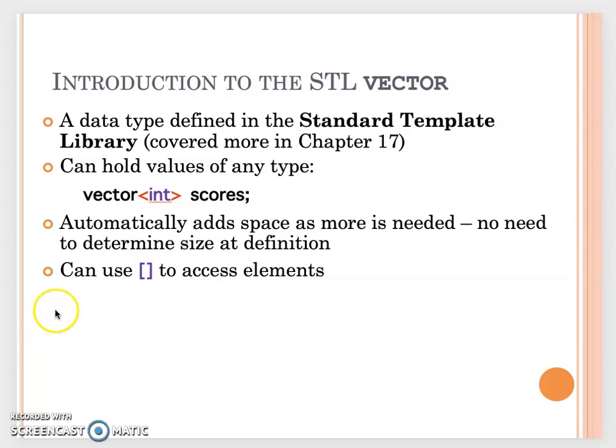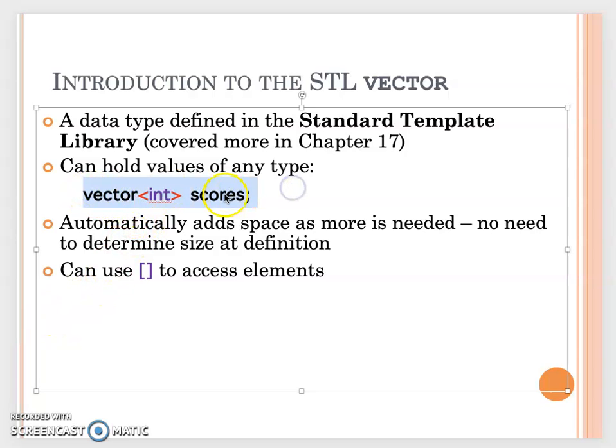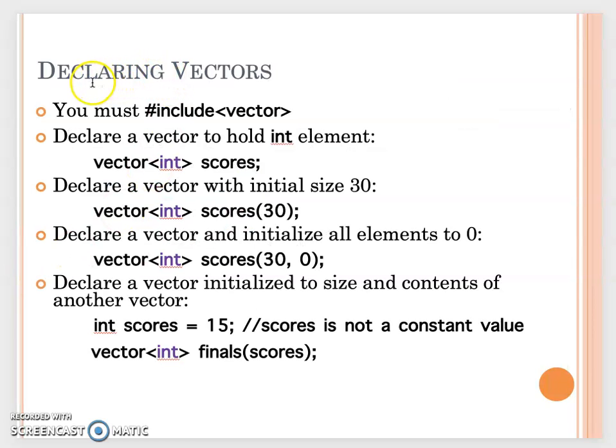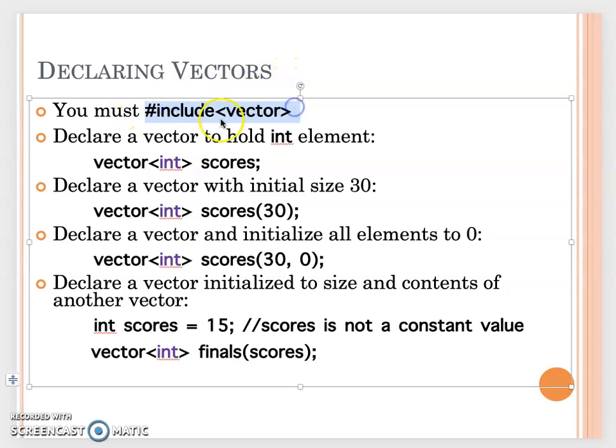So let's continue and see more information. Here is just the vector declaration for the scores object, but now we will see more declaration statements. The first thing, when you want to use the vector, you need to include the angle bracket vector.